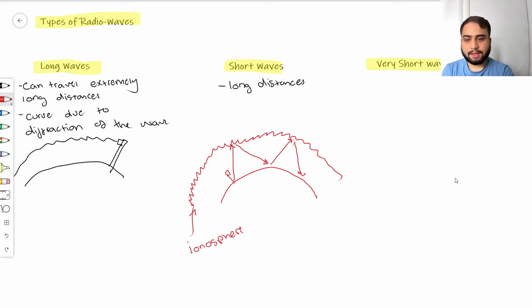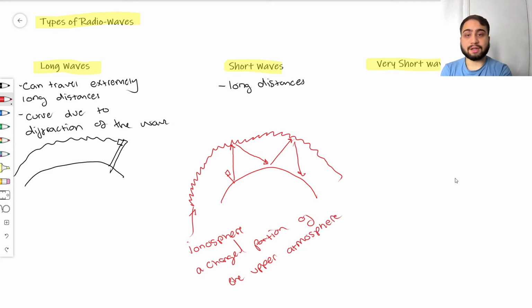The ionosphere is a charged portion of the upper atmosphere. Short waves travel by being bounced off, well, we should really say reflected, because we're physicists and we use keywords all the time.